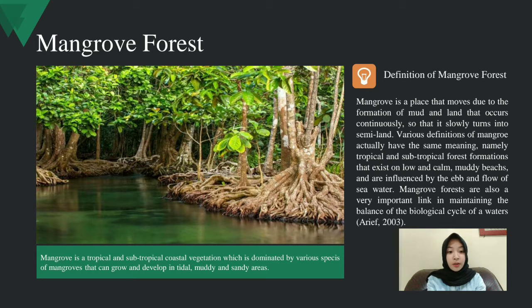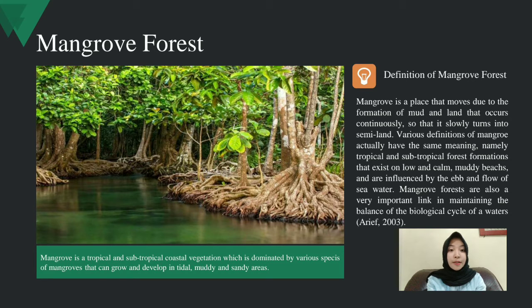They exist on low and calm, muddy beaches and are influenced by the ebb and flow of seawater. Mangrove forests are also a very important link in maintaining the balance of the biological cycle of water. Arif 2003.